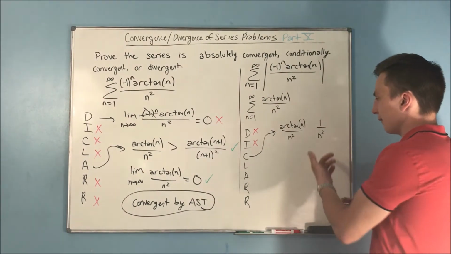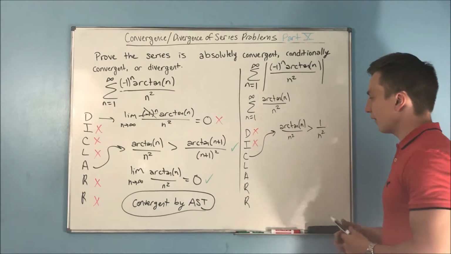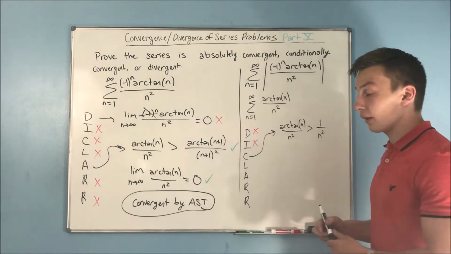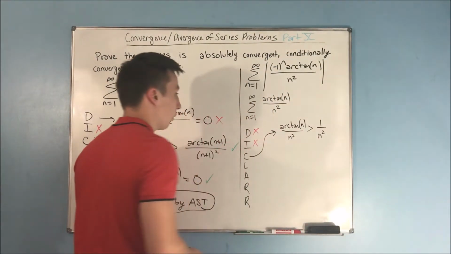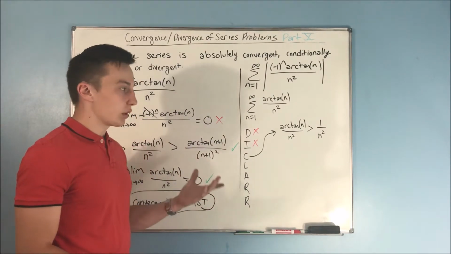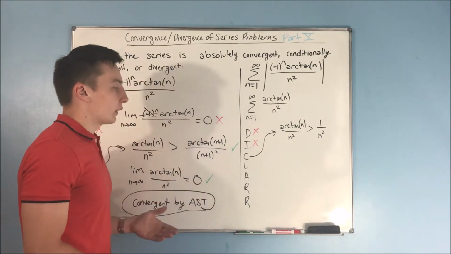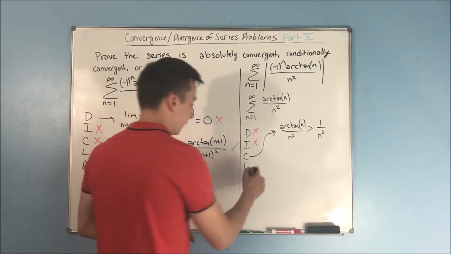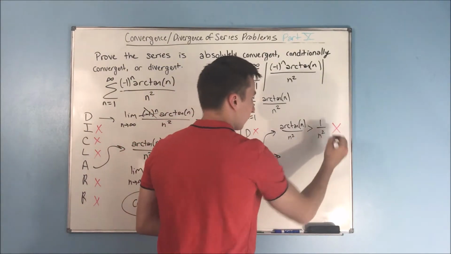So that means that arctan of n over n squared is going to be greater than 1 over n squared. And that's a problem because for 1 over n squared, we know that that series is going to converge. So this doesn't tell us anything. What we have to do now, of course, is use the limit comparison test, because this comparison test won't tell us anything.